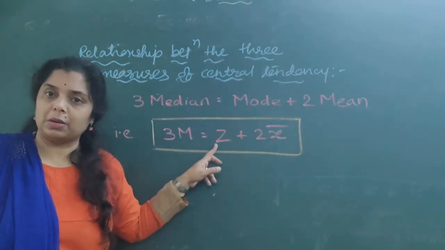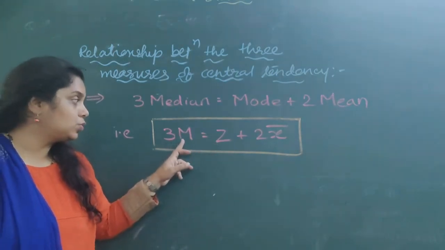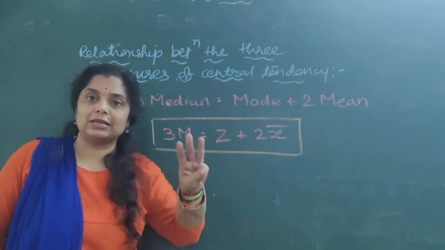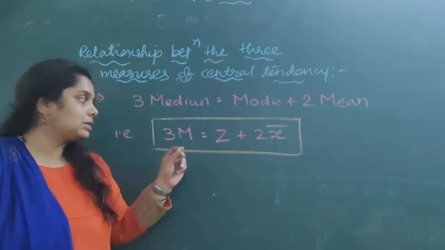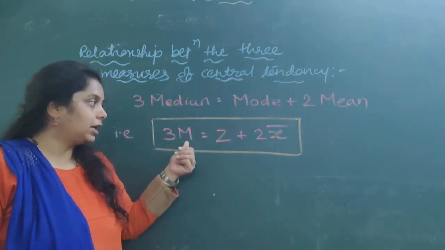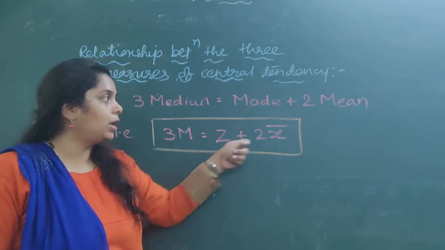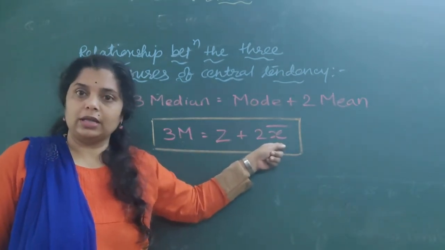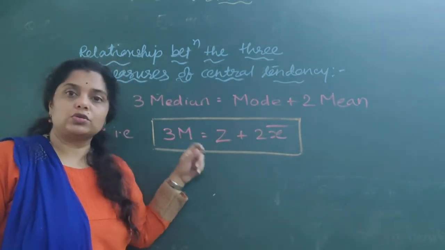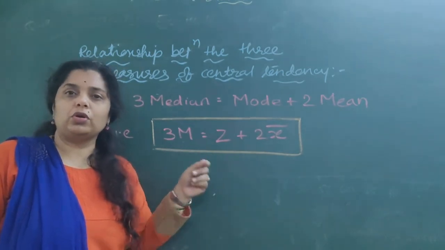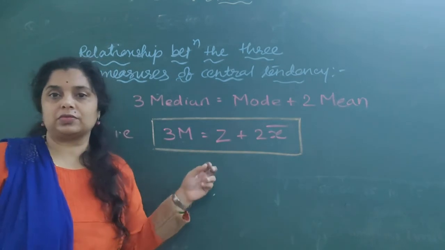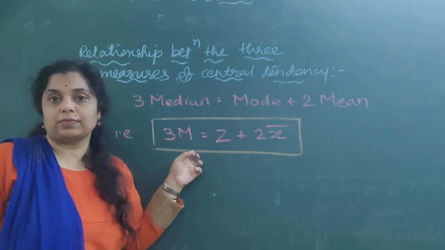You have to just remember it. In the exam, it is asked to find the median, and they give the values of mode and mean. So you can use this formula to find the median. One or 2 mark questions are asked from this formula.